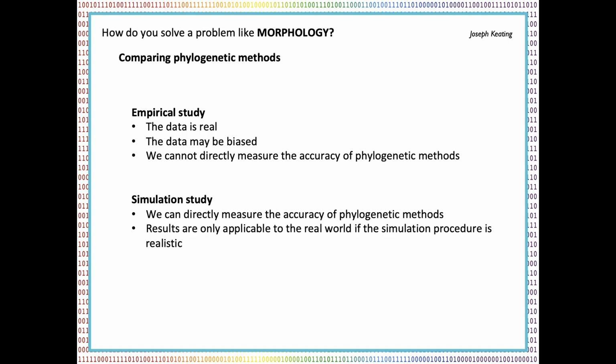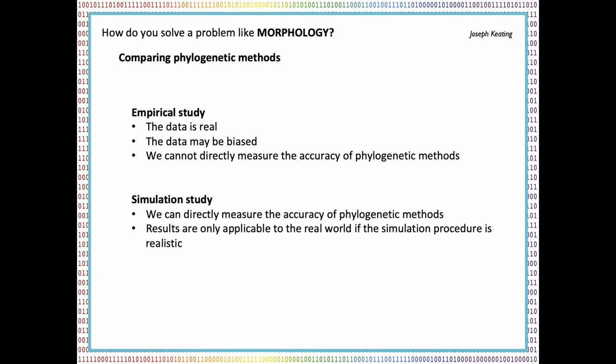That said, the data was collected by imperfect humans and could be subject to biases related to taxon and character selection. The biggest drawback for empirical studies is that we can never know the true tree with any certainty. As such, we can't measure the accuracy of different phylogenetic methods directly. Instead, we must use a proxy for accuracy.